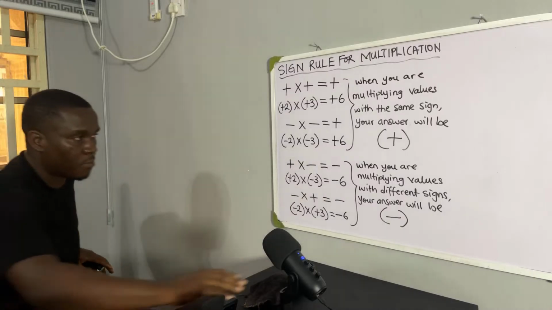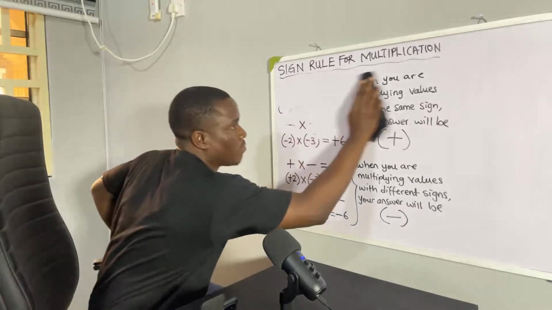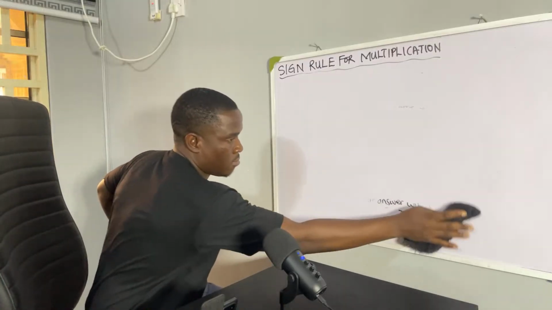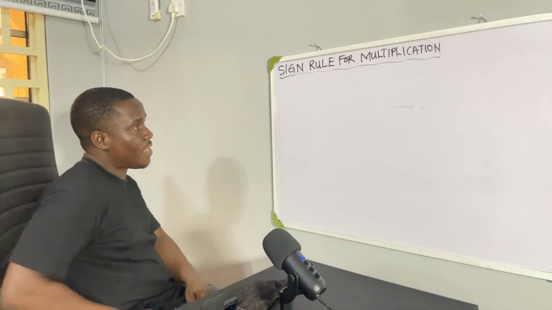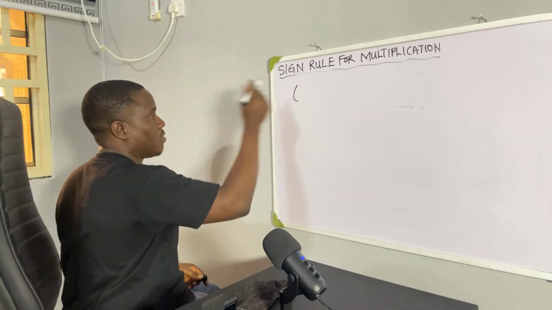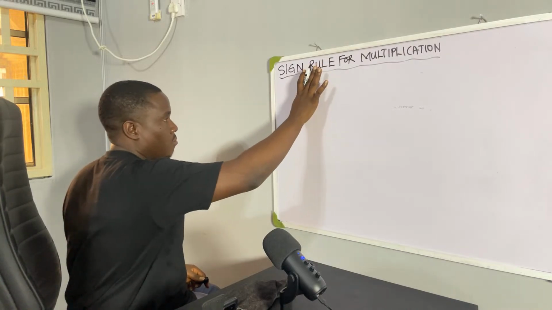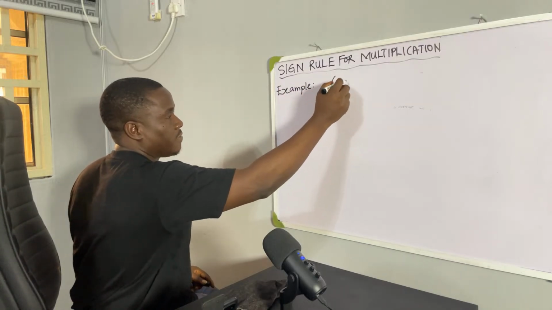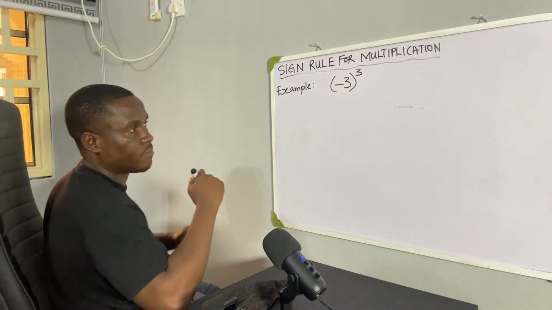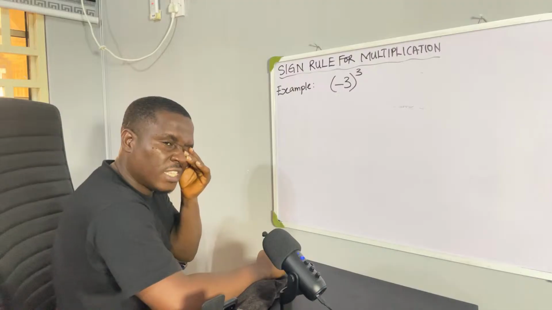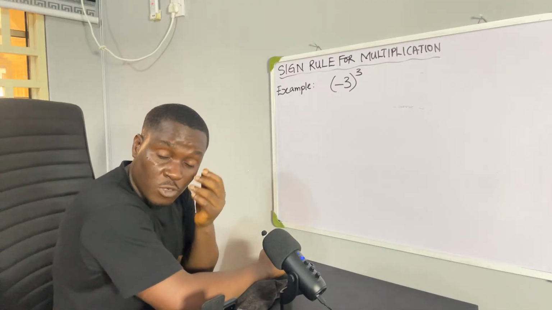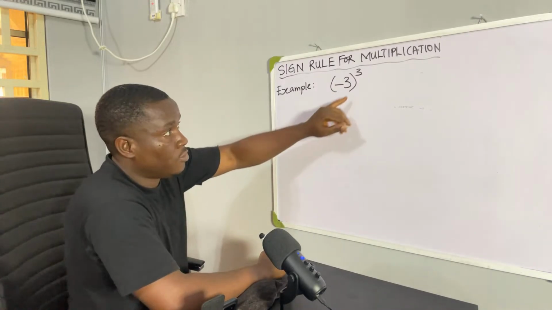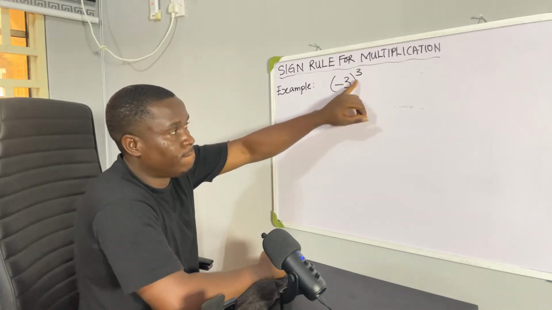So let's look at some examples. If I have negative 3 to the third power, it means negative 3 is multiplying itself how many times? 3 times.